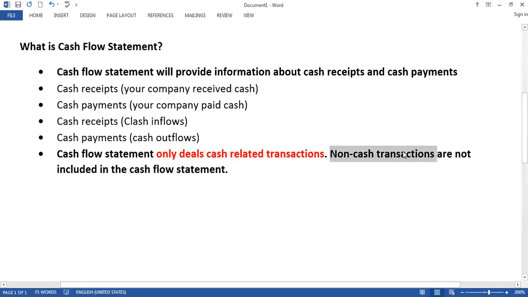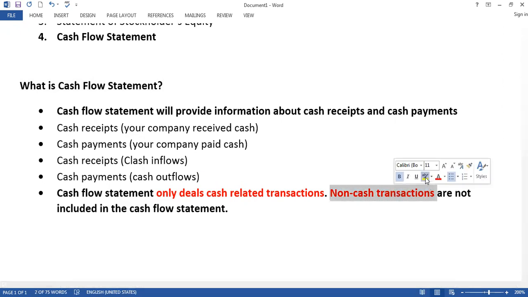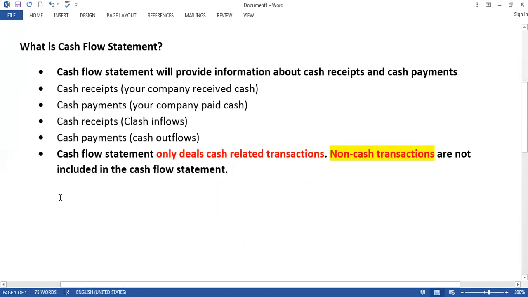And if you have any non-cash transactions, we are not going to include them in the cash flow statement. So this is the overview of the cash flow statement. Very simple. The cash flow statement will give you information about only cash receipts and only cash payments. Okay, everything should be related with cash. And if you have any non-cash transactions, they do not belong to the cash flow statement. So this is the meaning of the cash flow statement.